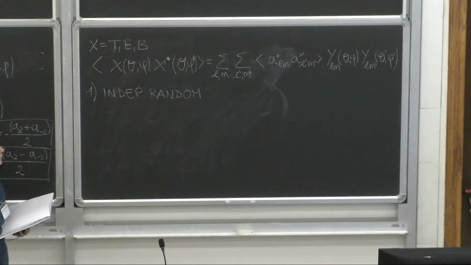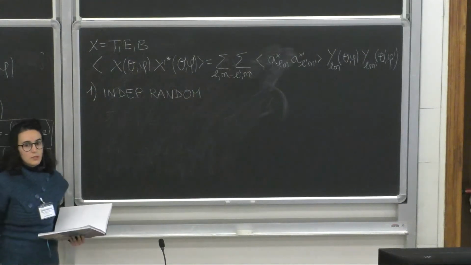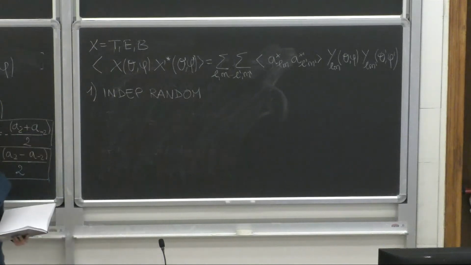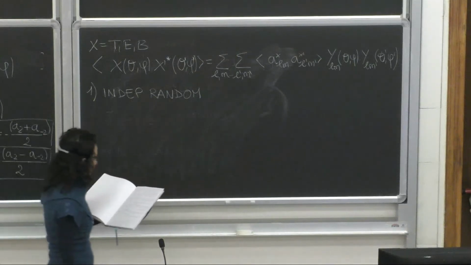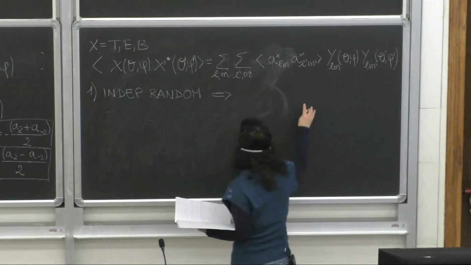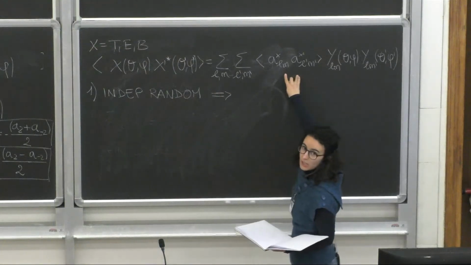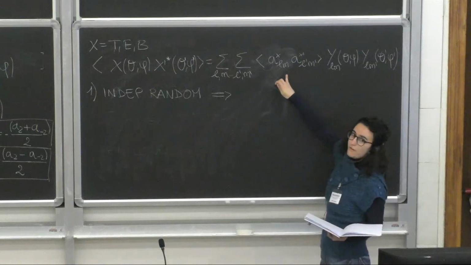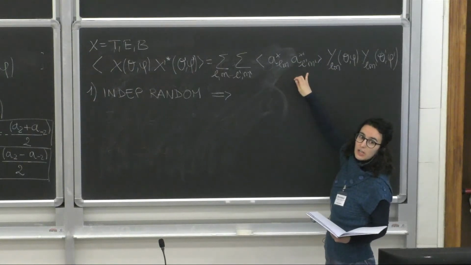So we can use that those are independent random variables, and because they are independent, we do not expect any non-vanishing correlations between different multipoles. So when we compute this variance, we do not expect to have off-diagonal terms in this variance.